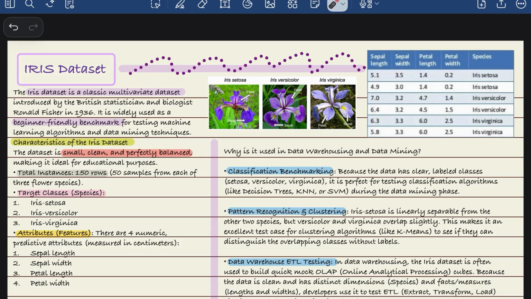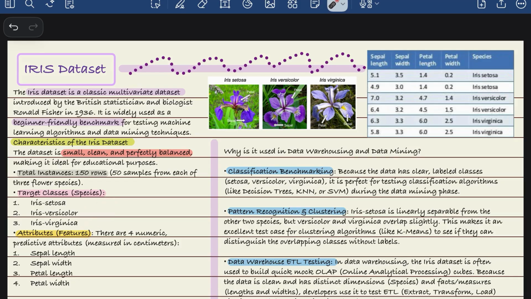So why do we use the iris dataset? Because it is very small, it is clean and perfectly balanced, and it contains a total of 150 rows, and each 50 rows are divided into 3 flower species. So these are the 3 target classes, the 3 species of iris flower: Setosa, Versicolor and Virginica.